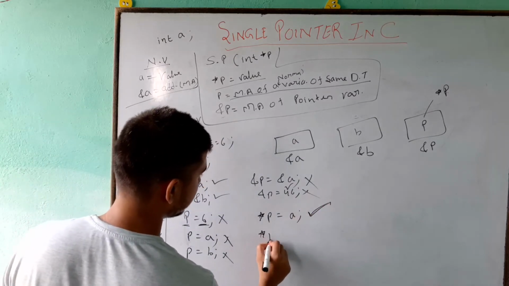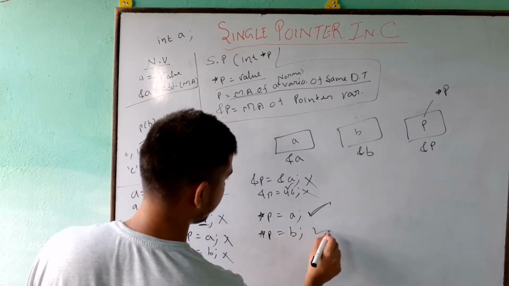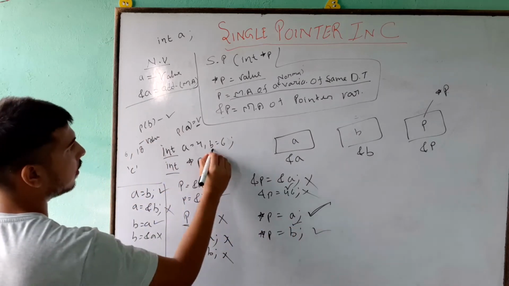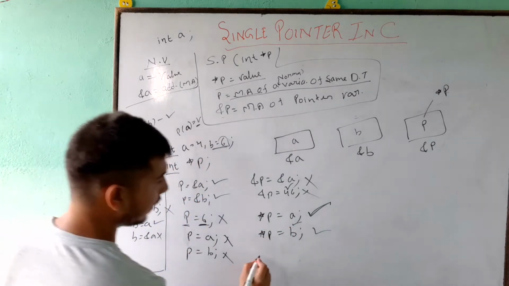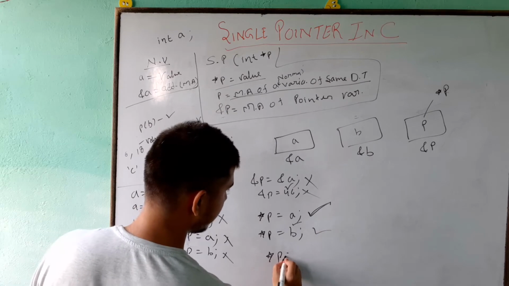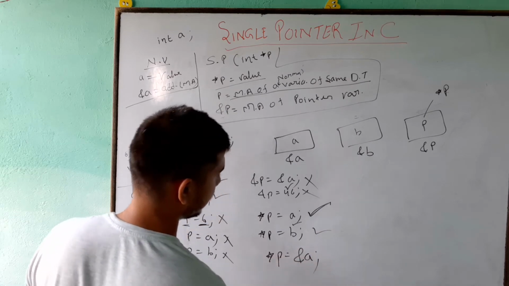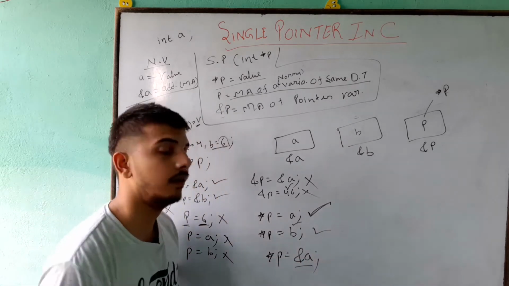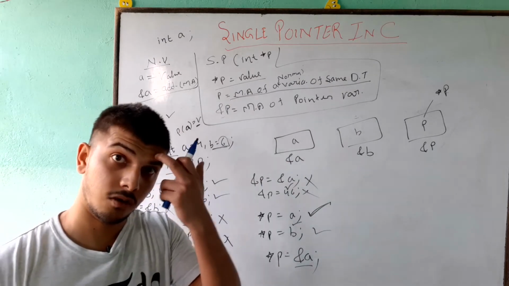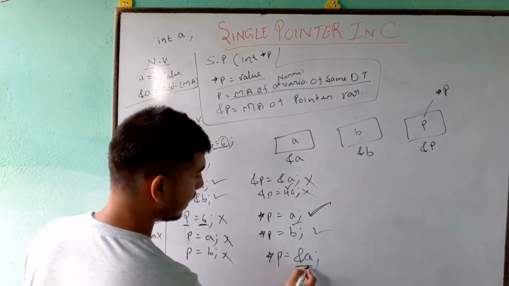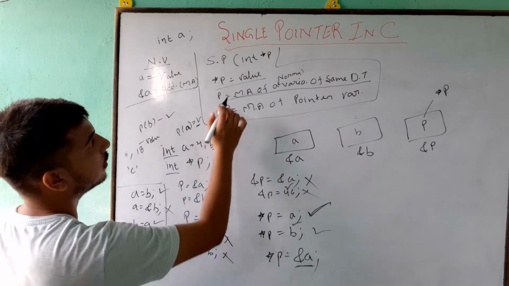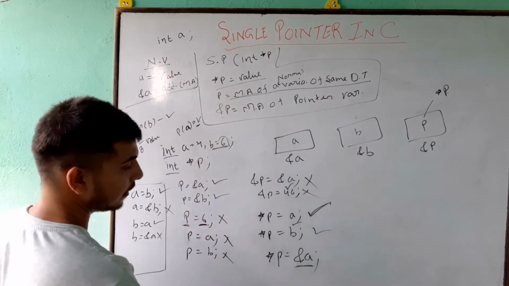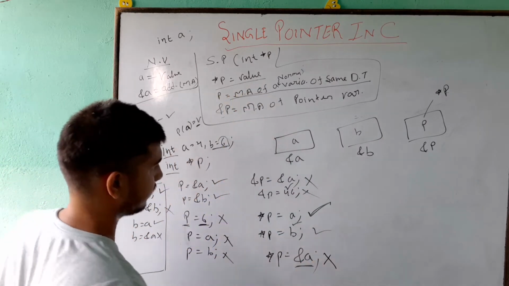Now if I am writing *p = b, it is right, because b is a value. If I am writing *p = &a, now &a is not a value, this is an address, but *p can only hold a value, right? So this will give me an error.